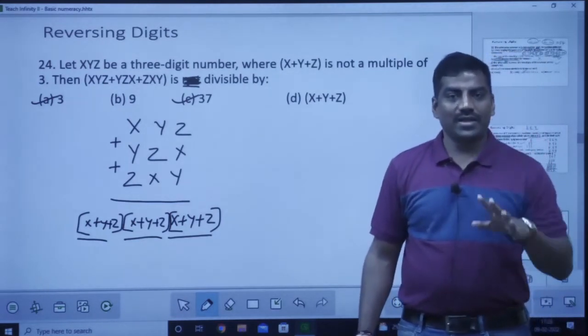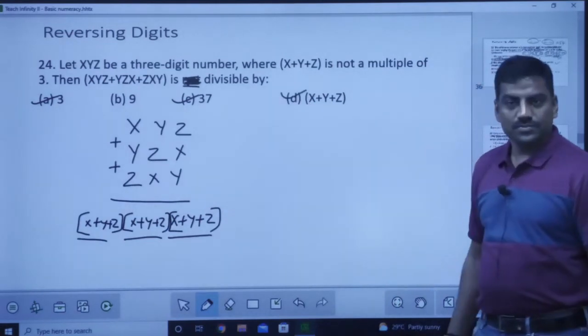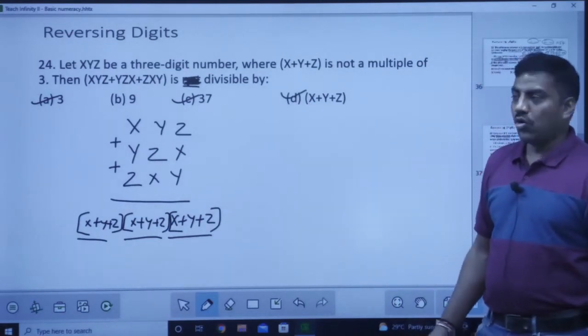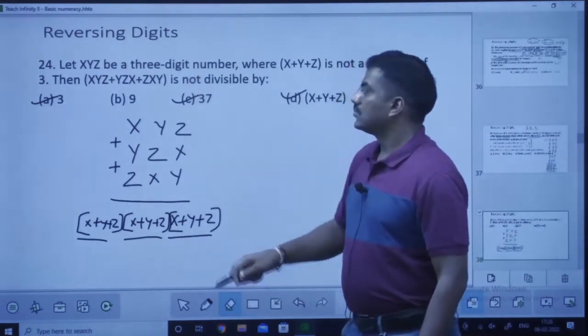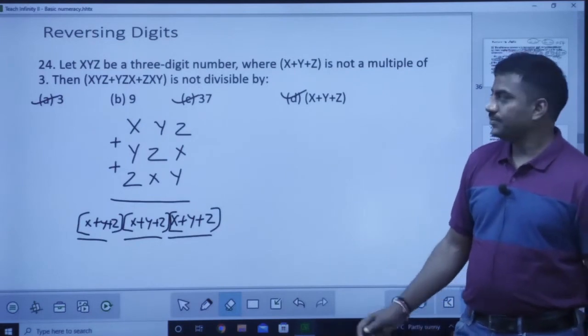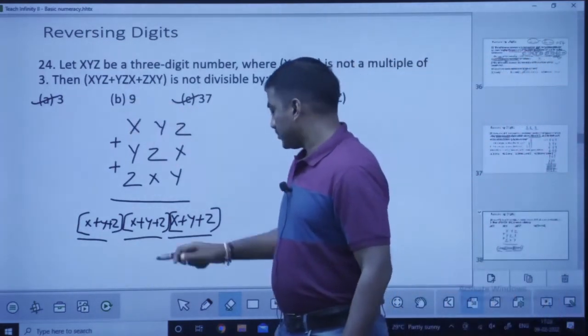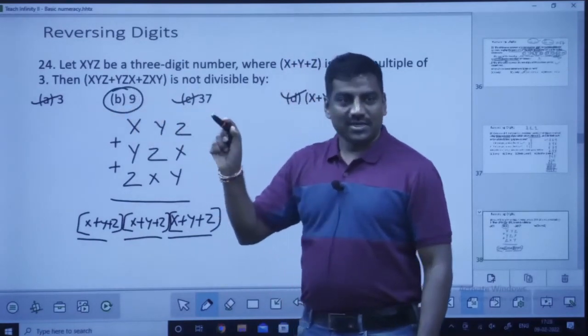Isn't it divisible by 5? Yes? So it is divisible by 5 also. Now remove these. Which is not divisible? This has to be the answer B.